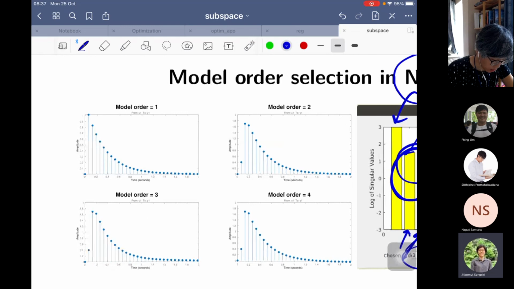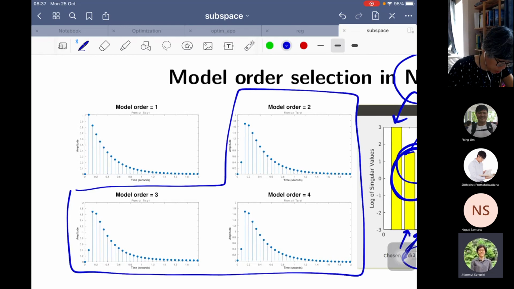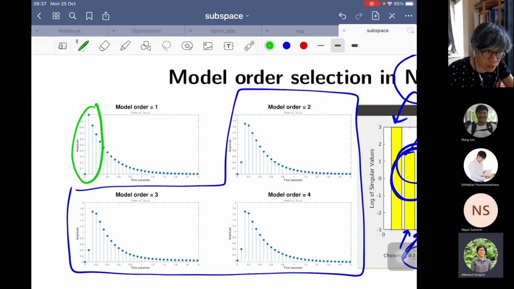As you can see, they agree with the fitting percent. The impulse responses of the second, third, and fourth order are kind of similar, but significantly different from the first order estimated model.